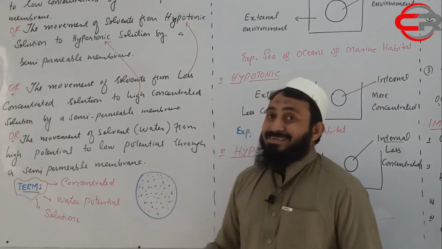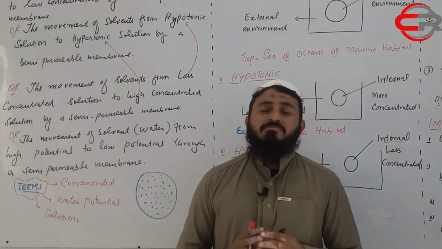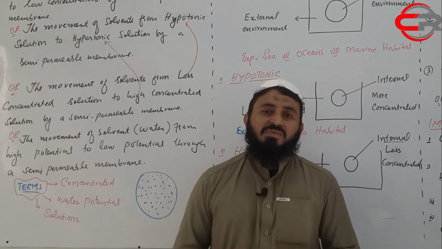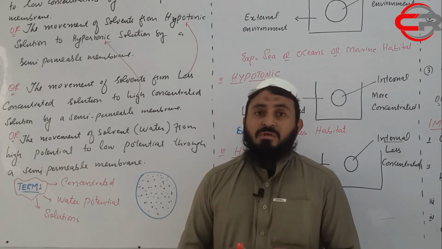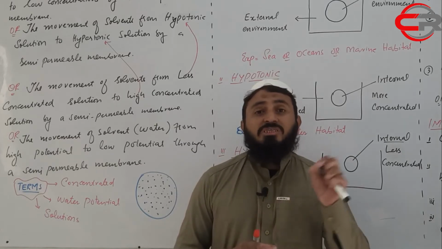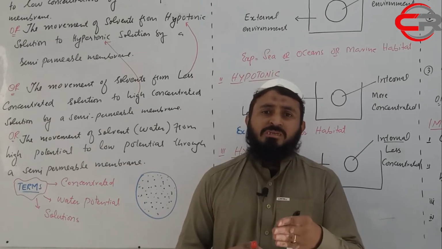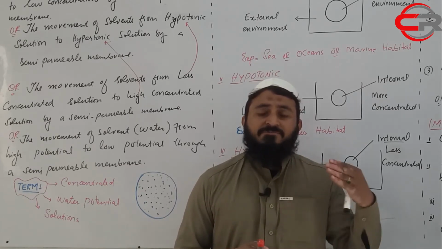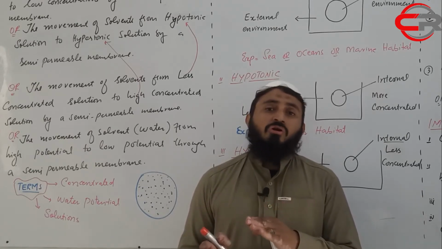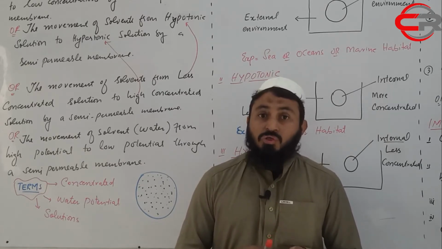So there is a difference between concentration and concentrated. Concentration means the quantity of any substance, how much solute is present in that solution. Concentrated means how much solute substance is present inside the water. If it is 20%, 50%, or 80%, then it is considered a hypertonic or hypotonic solution according to the nature and percentage of the solute.